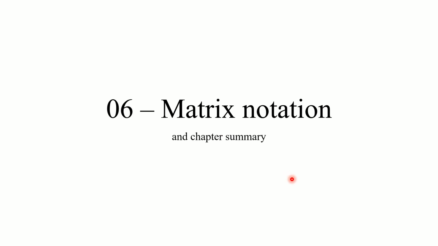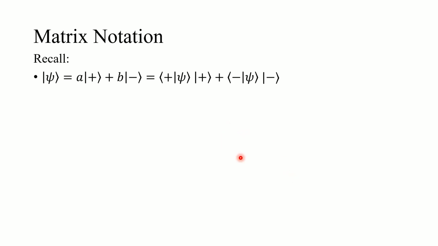So if you recall, we can define or describe our quantum mechanical system with some ket. In general, that ket can be written as a linear combination of our basis kets. So in our spin 1/2 system, we use the spin up and spin down states as our basis vectors, and you can write this ket or the general state as just a linear combination of those.